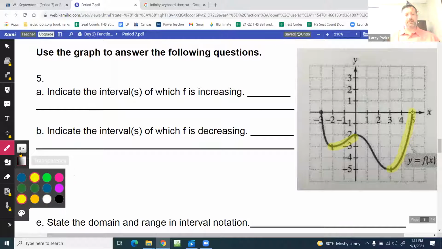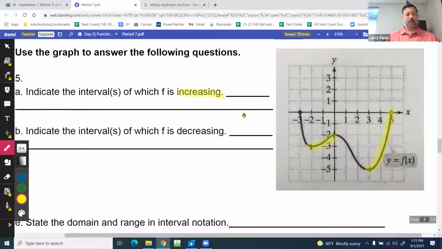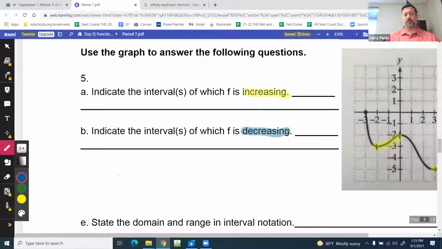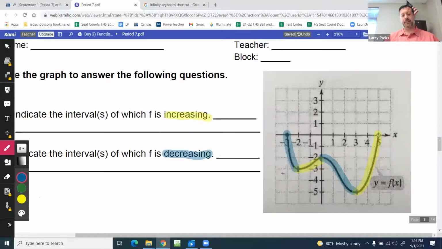And then decreasing we would have from here to here, and then here to there. Okay. So why don't you just take a second and see if you can figure out what those would be, and I'll be back on here in a second.